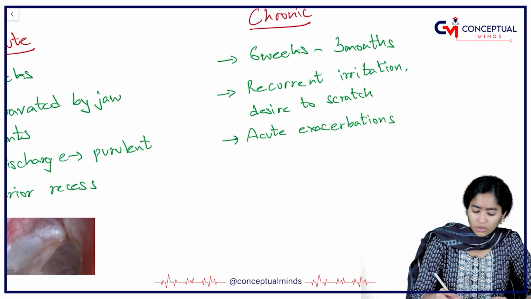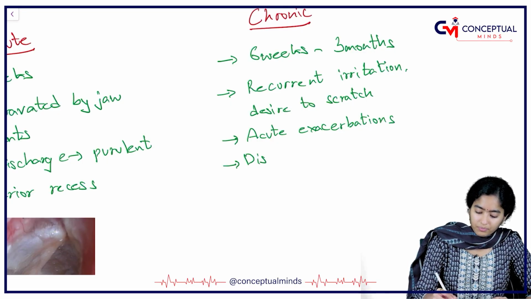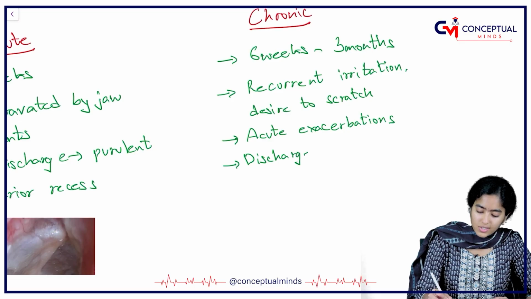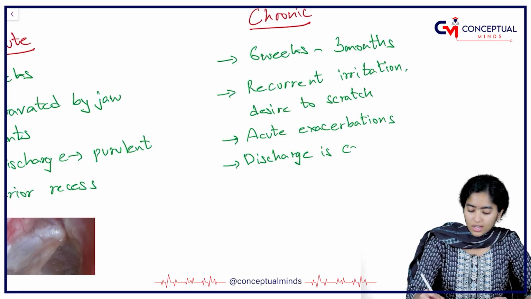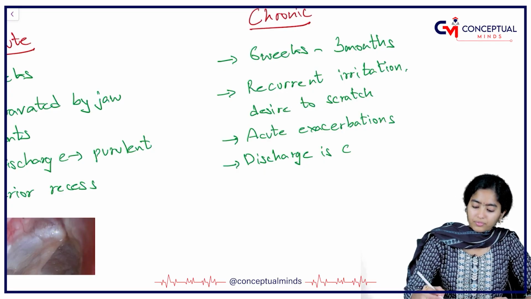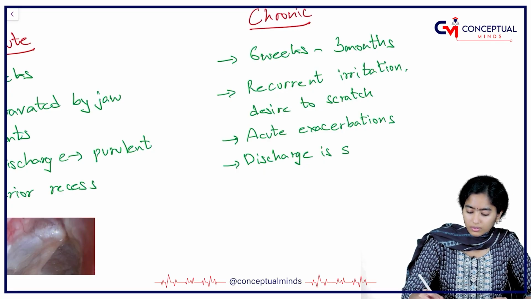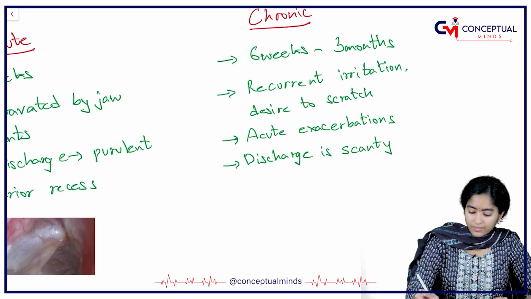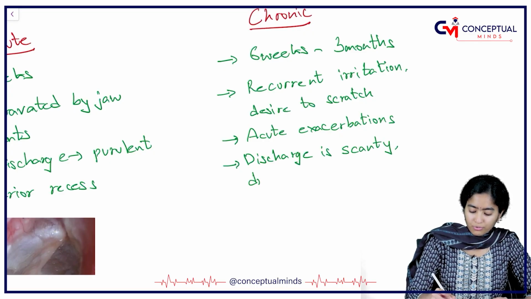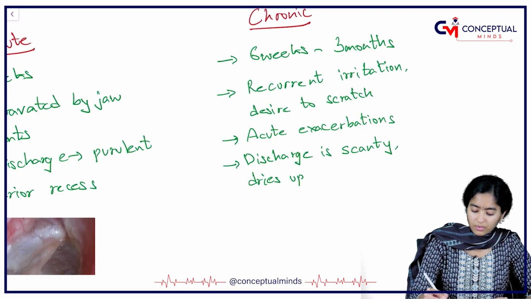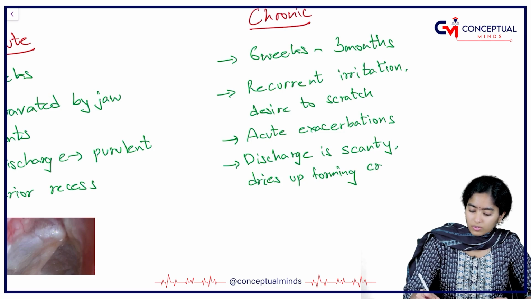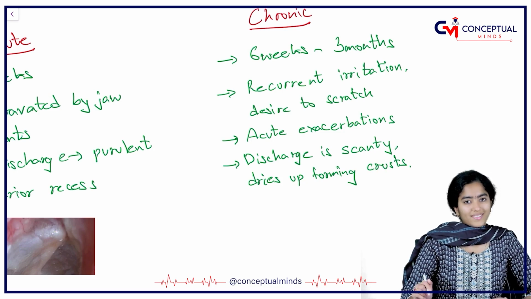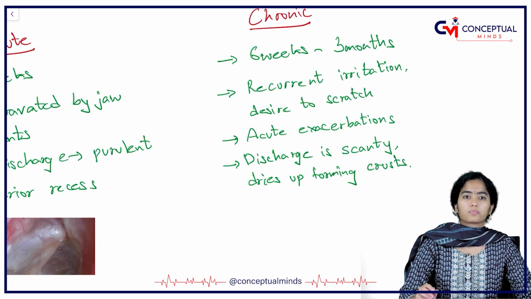But the discharge in chronic phases is scanty. In acute phase, it is initially serous and then purulent, but in chronic phase, the discharge is scanty. And even this discharge dries up to form crusts.